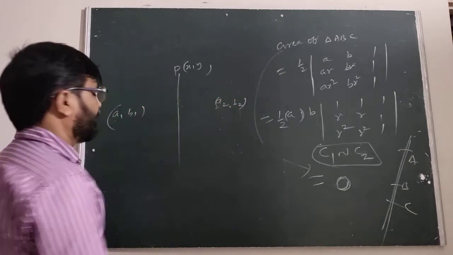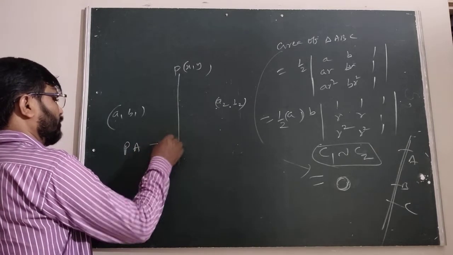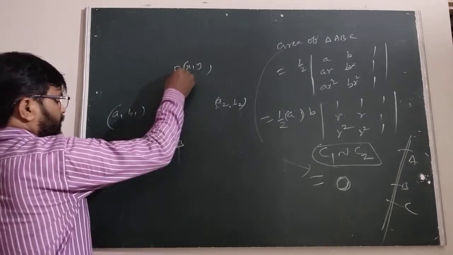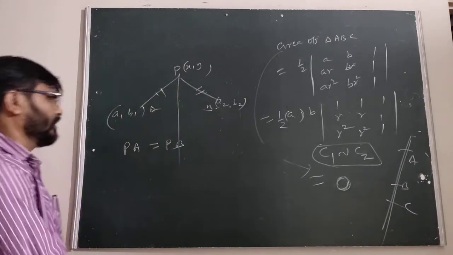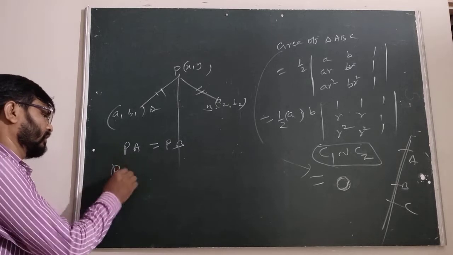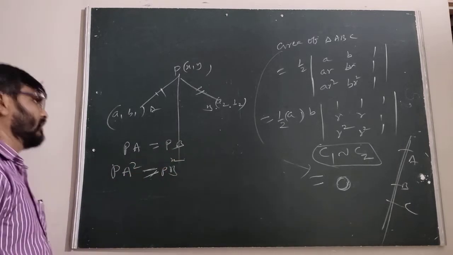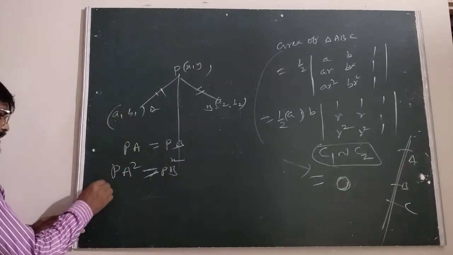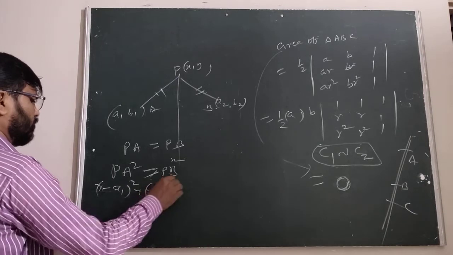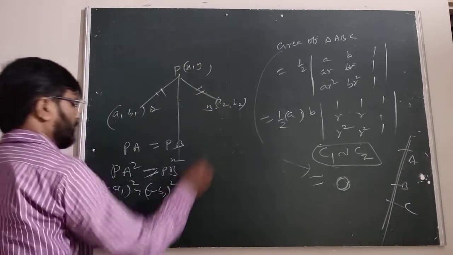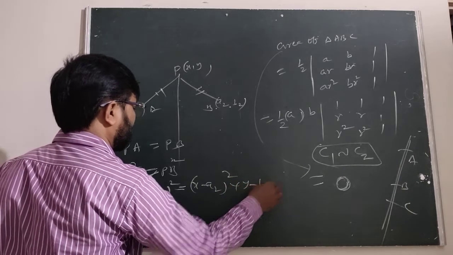How to find this: we write PA equal to PB, so PA square equal to PB square. PA square is (x minus a1) whole square plus (y minus b1) whole square, and this equals (x minus a2) whole square plus (y minus b2) whole square.